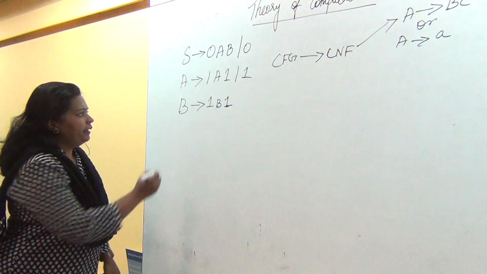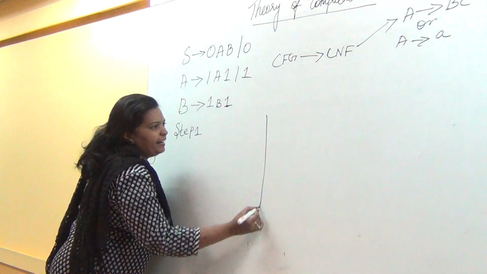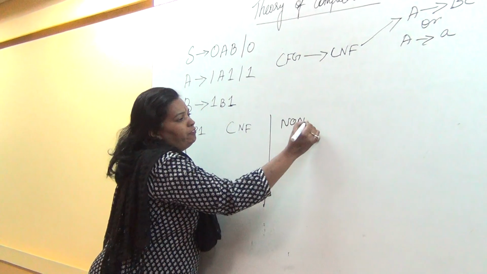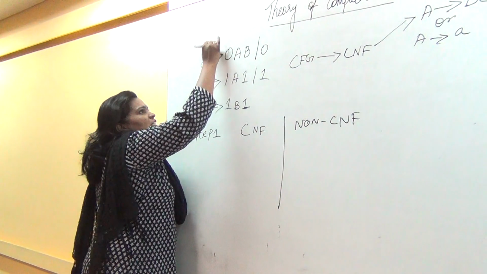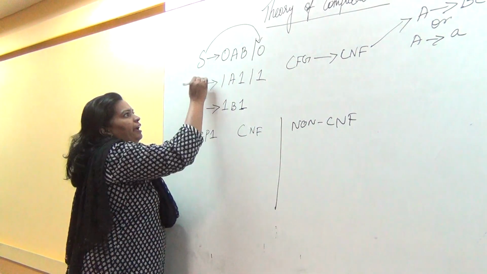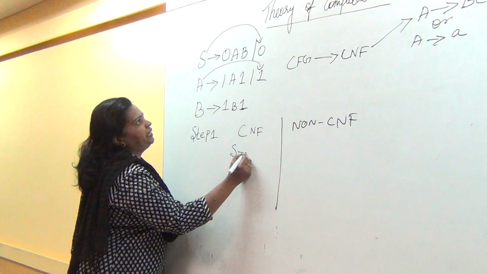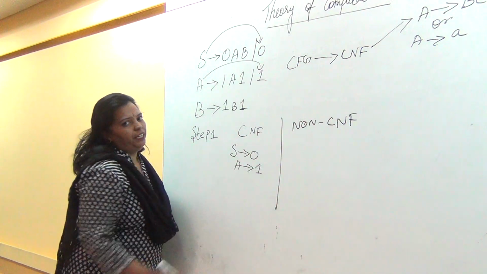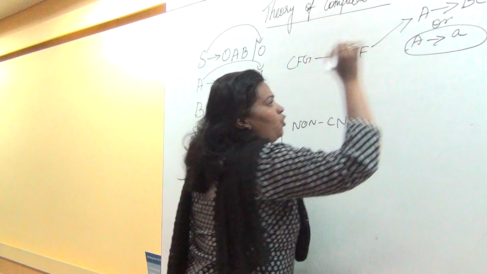So, now in step 1, what we need to do is segregate which is in CNF and which is in non-CNF form. According to the given grammar, S tends to 0 is in CNF, A tends to 1 is in CNF. So we will write it over here, S tends to 0, A tends to 1, which is already in CNF, as per the definition of CNF, A tends to a.